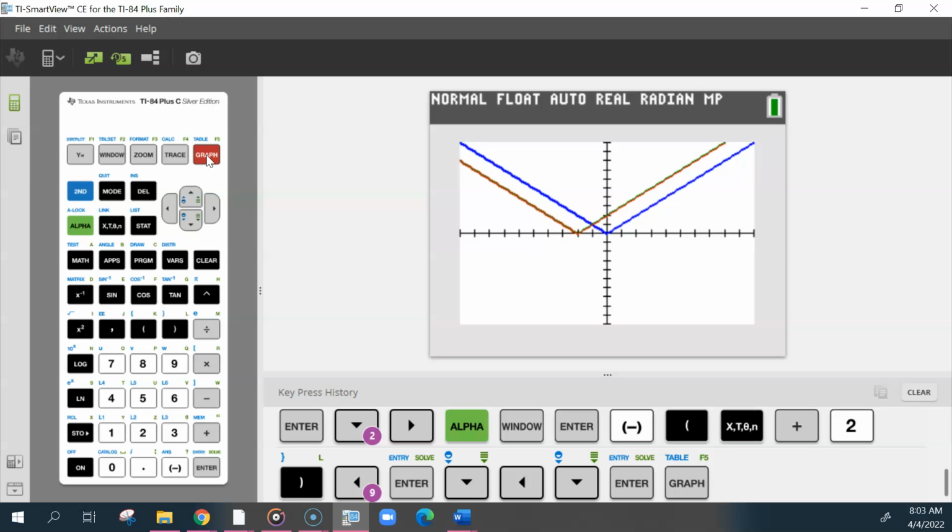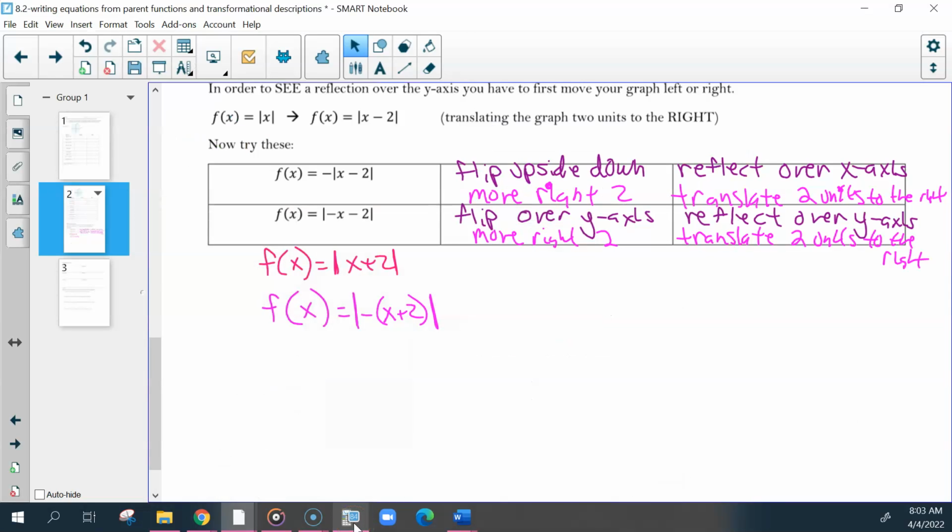So which one is it? You're probably thinking all of them, any of them, it doesn't matter. They all end up graphing to the same thing. So you could say it's this, or it's this, or it's this. It doesn't matter. The main thing you need to know is that if you have a negative on the inside, that's going to be a reflection over the y-axis. But if you were to see it, it doesn't really do what you think it does.